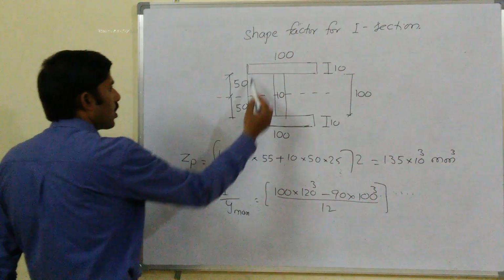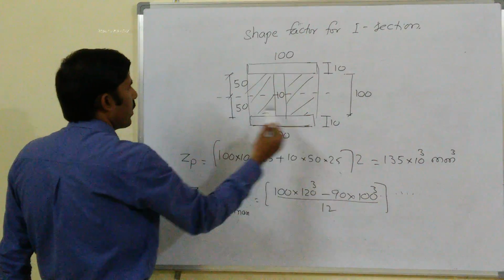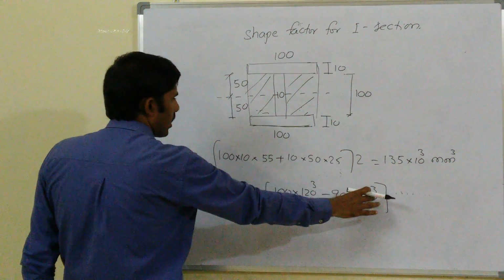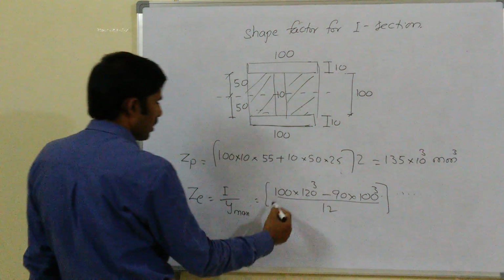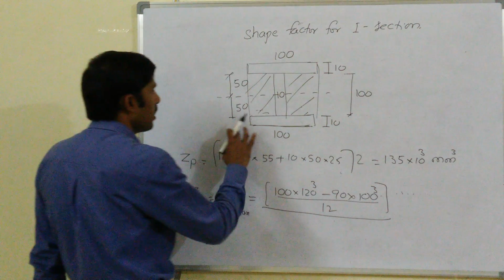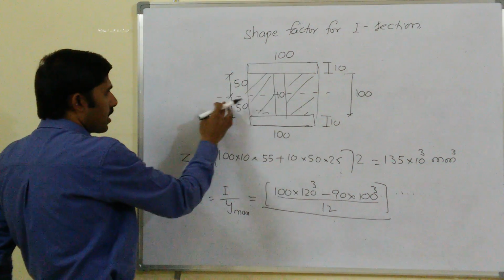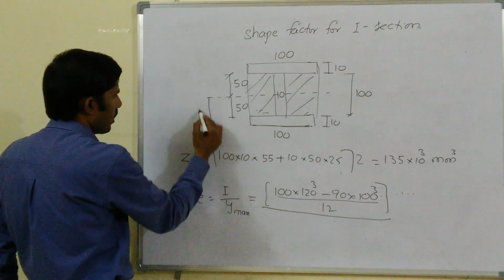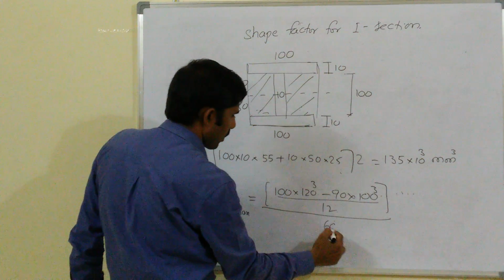So the total outer box minus the moment of inertia of these two shapes. That is width 90 and 100 is the depth. This is the shortcut for finding the moment of inertia for a symmetrical I section. Divided by Y max. The equal area axis and neutral axis are the same for this section. So Y max is 50 plus 10, that is 60. Here also 60. So Y max is 60.